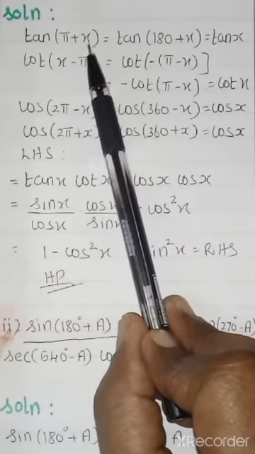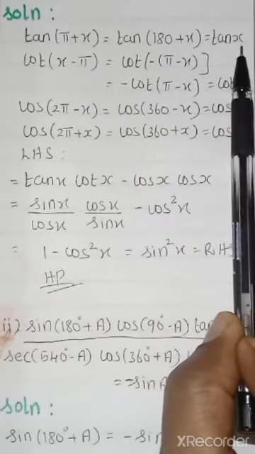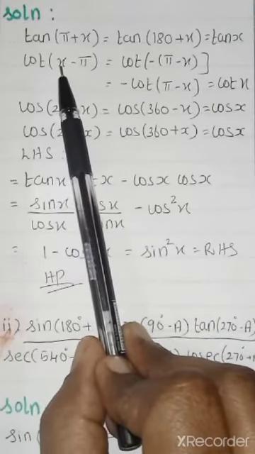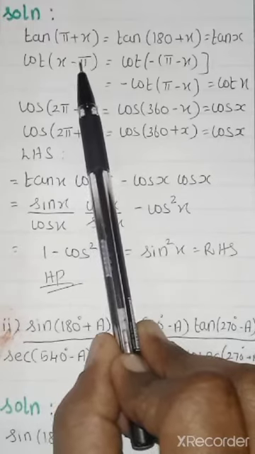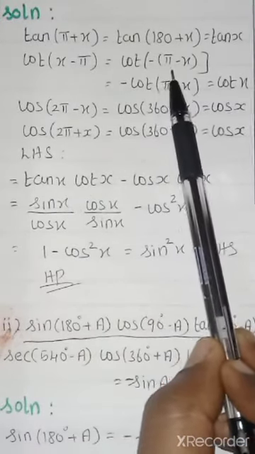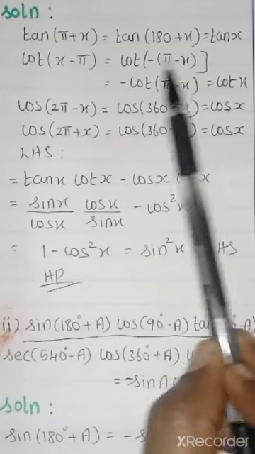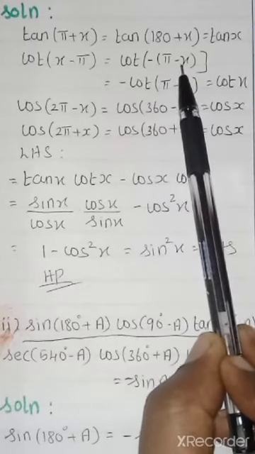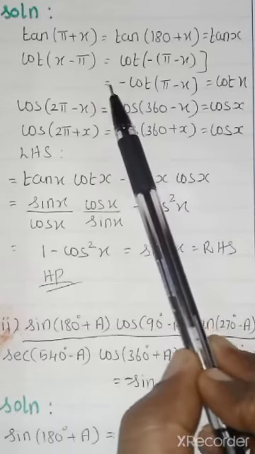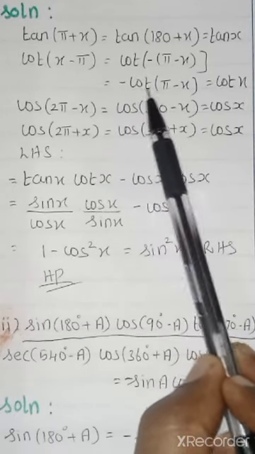Instead of theta, here it is x. Next, cot of x minus 180, now we can find out. So we can take one minus outside. If I take minus, you will get 180 minus x. Now, cot of minus theta is minus cot theta. So taking this minus outside, you will get minus cot of pi minus x.